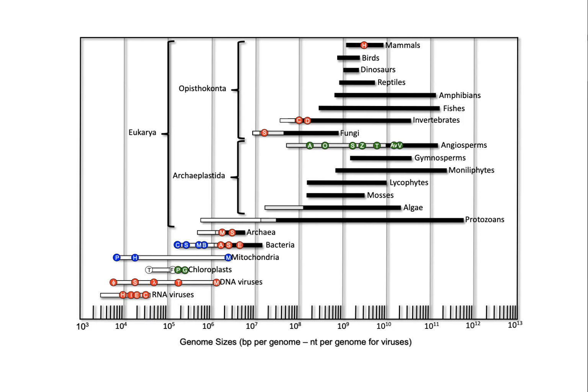So here's a graph of genome sizes that I'll be showing in several of these presentations, going from RNA viruses down at the bottom through DNA viruses and then organelles, bacteria, archaea, and then a wide variation in genome sizes in eukaryotes.